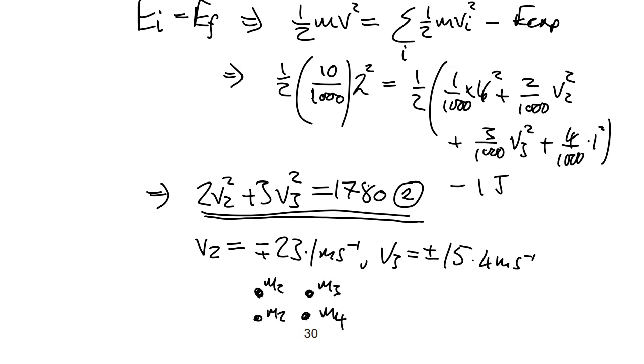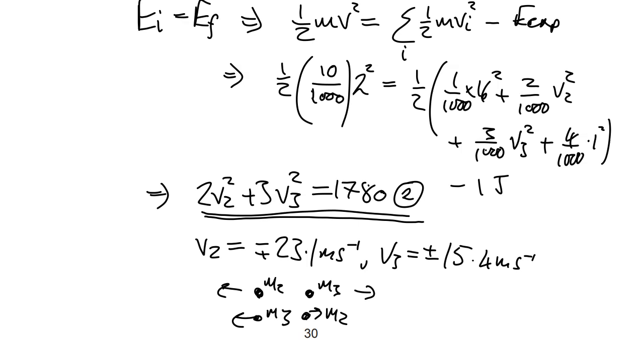We know that the masses must be going apart from each other, because that's the only way we can have net 0 horizontal momentum, which is what we need because there is no initial momentum. But we don't know if mass 2 is going to the left and mass 3 is going to the right, or mass 3 is going to the left and mass 2 is going to the right.